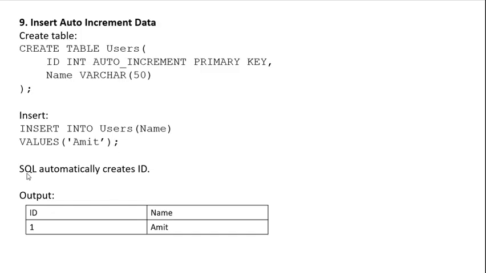So SQL automatically creates the IDs, and in the output the ID is 1 and the name is Amit, and for the second value the ID is 2, and for the second value give a name like Priya and Karan, etc.